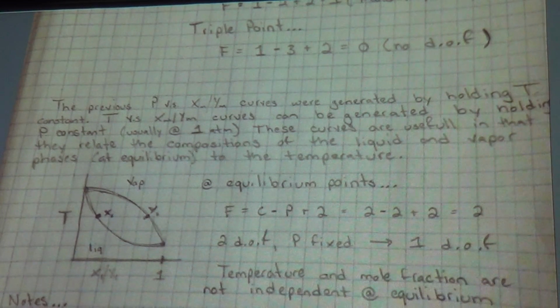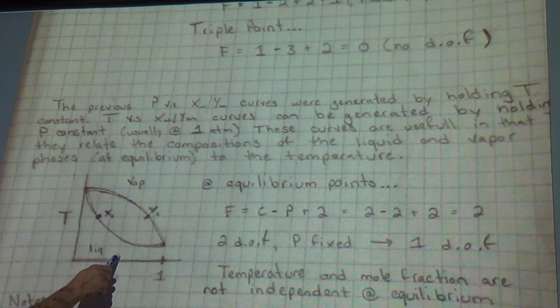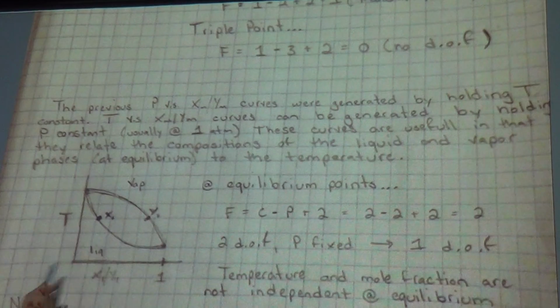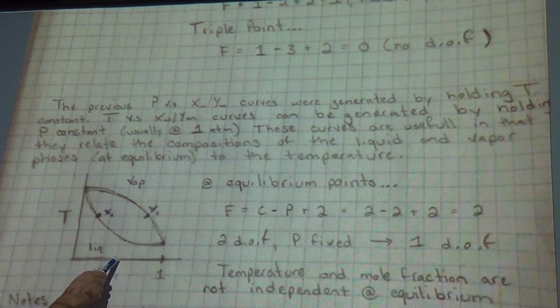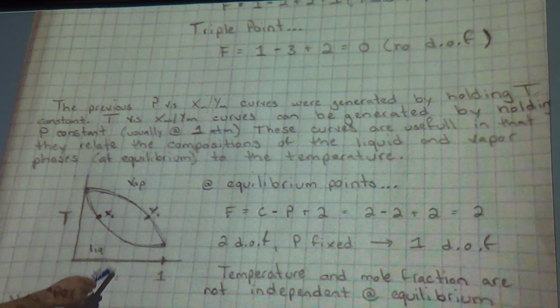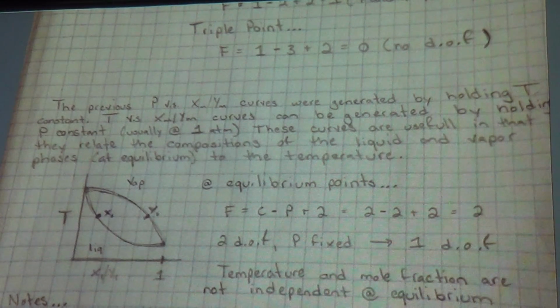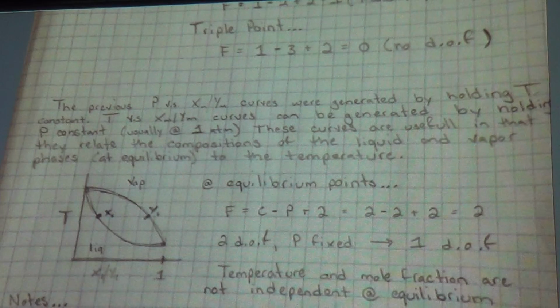Let's say that you have a system that is at a given point. Let's draw a line here and say we're at point A where you've got some composition of the liquid phase.